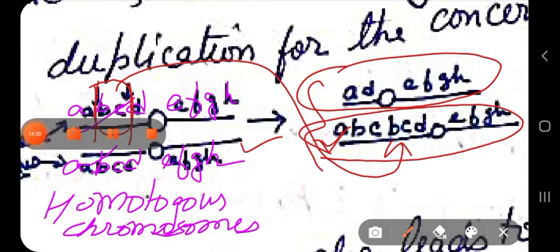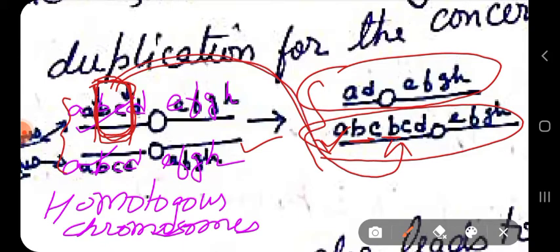Okay, so this is the thing that they want to say. You can see BC has been repeated twice because the breakage occurs in the first chromosome and the fragment reunites with its homologous chromosome, which leads to deletion in one chromosome of that pair and duplication in the other, right?